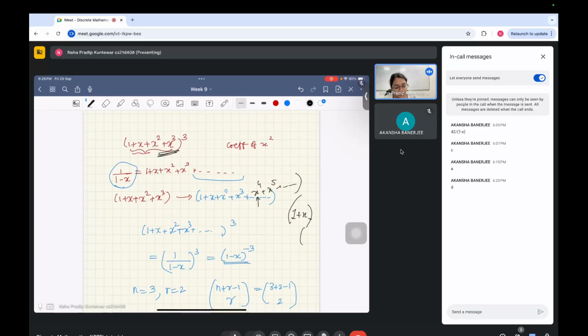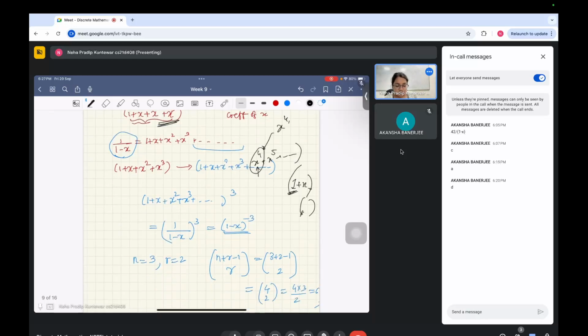If you multiply it even with the smallest term in the next copy and the smallest term in the next copy, you're only going to get a power of x to the 4, which is anyway larger than what you wanted. So there will be some additional terms here, but you're not interested in that, because you're only looking at the coefficient of x square. So is this okay?